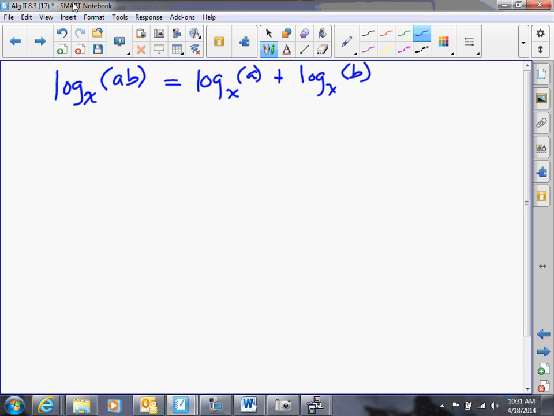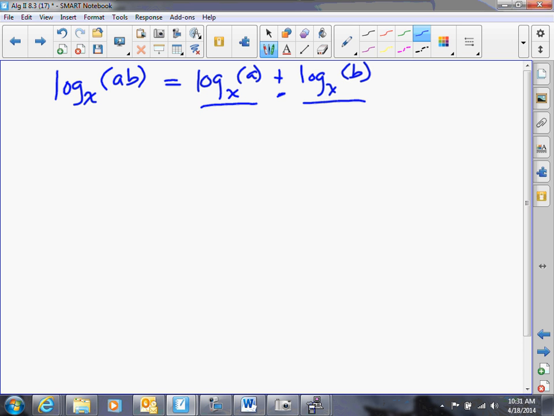Now, if you're multiplying exponents or exponential expressions, and you have the same base, the rule is you add the exponents. So notice the log of the product is the sum of the logs of the two factors. In other words, this is very much like the concept of when you're multiplying powers with the same base, you add the exponents. And since the logs are the exponents, that's what you actually do.